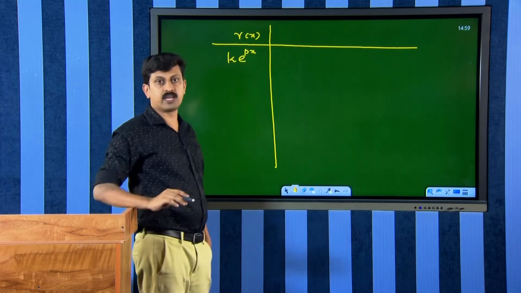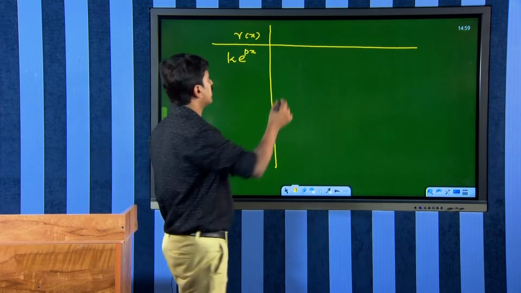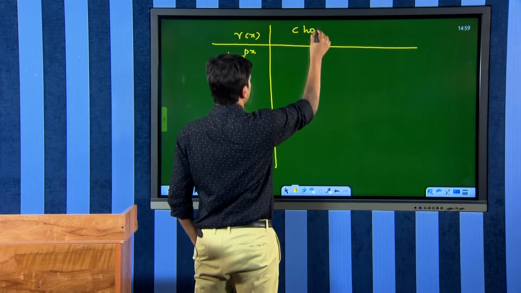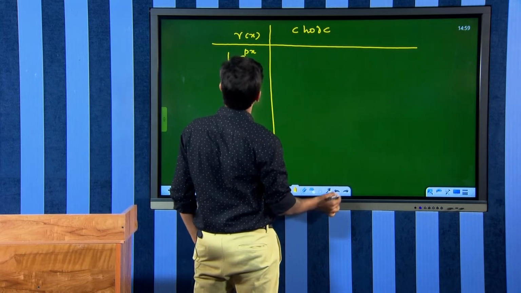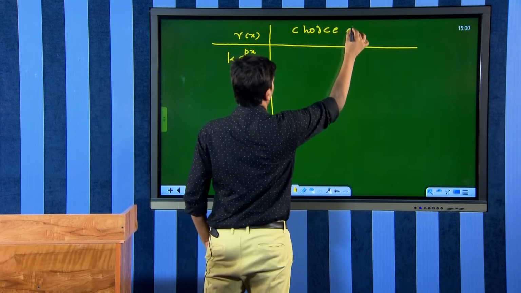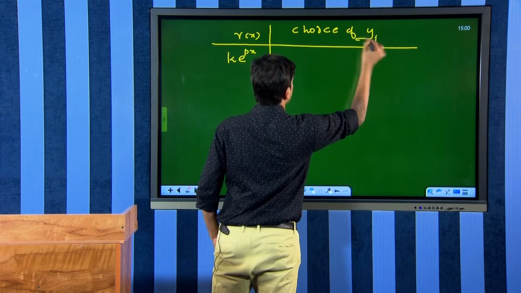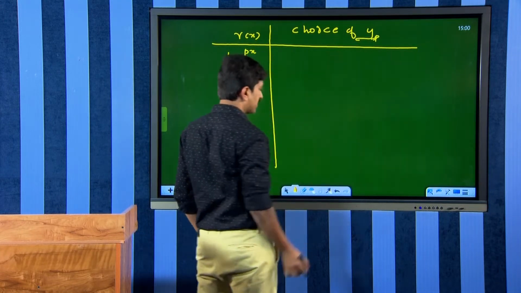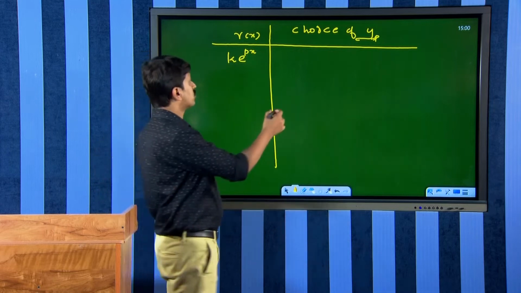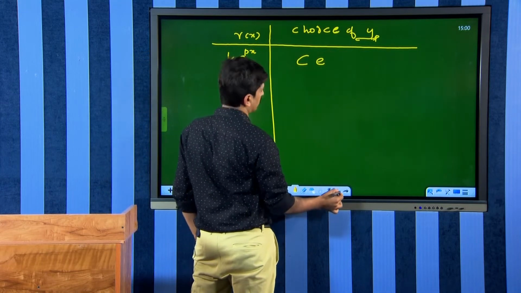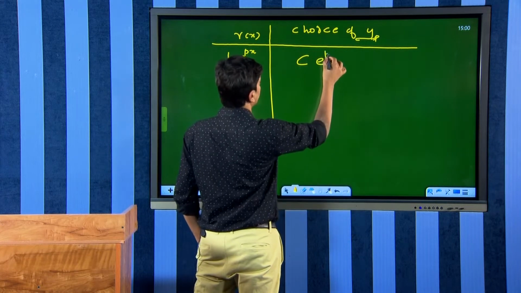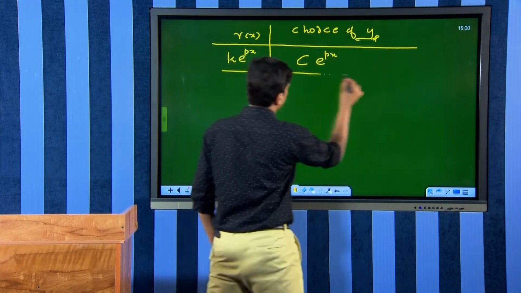Then we will have the choice for the particular solution yp as some c e raised to px.